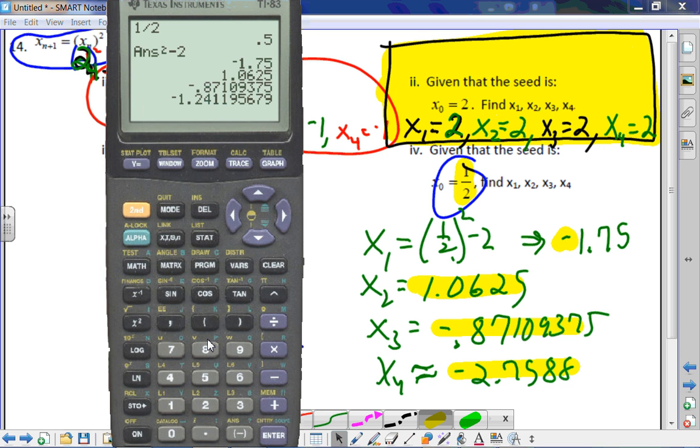I don't know what I was doing. It should have been negative 1.24. All right, iteration 5, 6, 7, 8, 9, 10, 11, and 12. And we can just keep going.